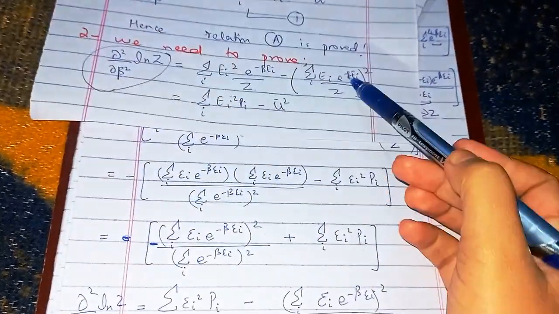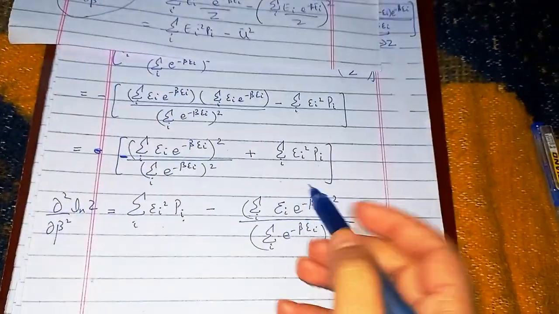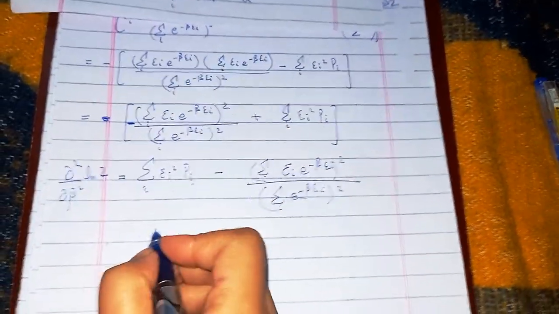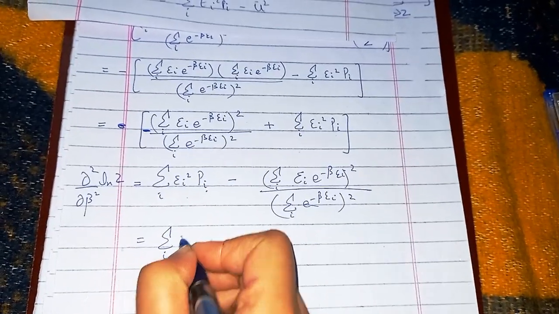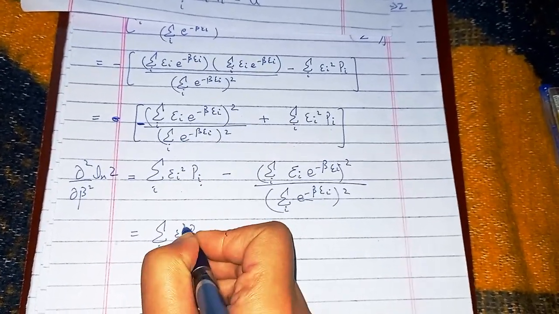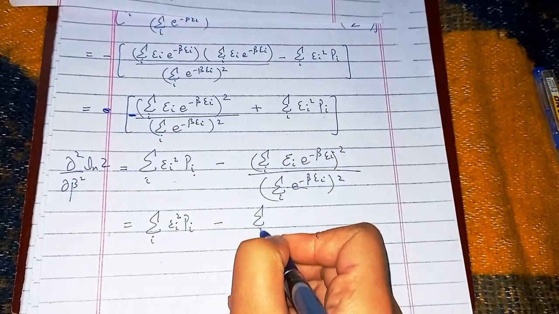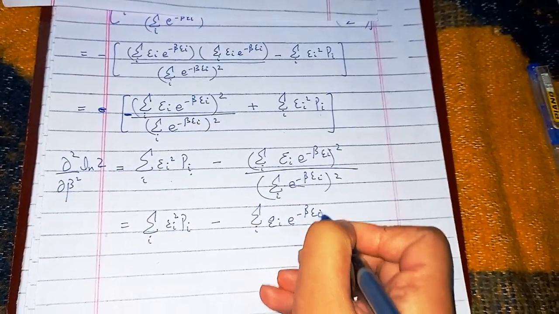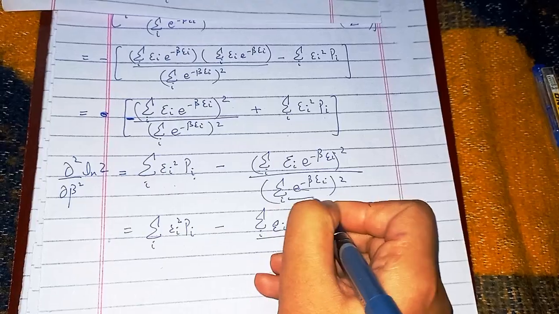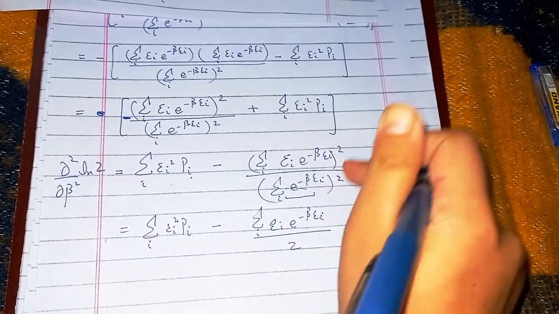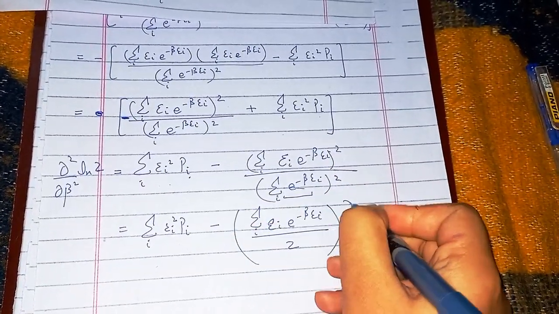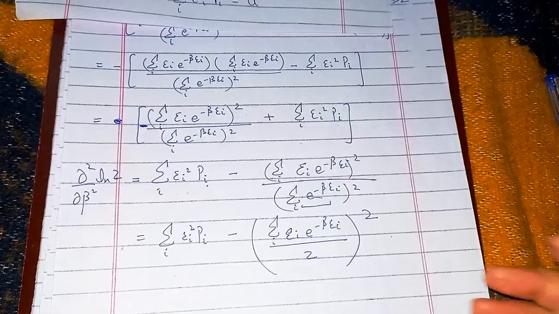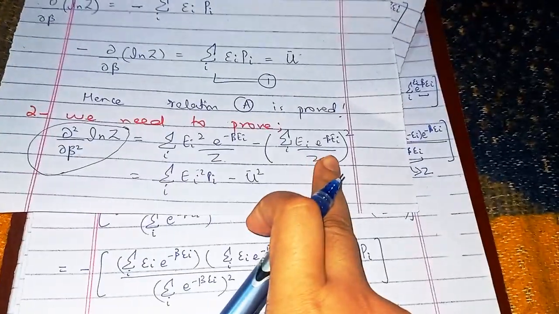They wrote z in the denominator here, this is z, we can do it as well: ei e to the power minus beta ei divided by z, and since both of them are square, we can write them as one whole square. That is what we need to prove.